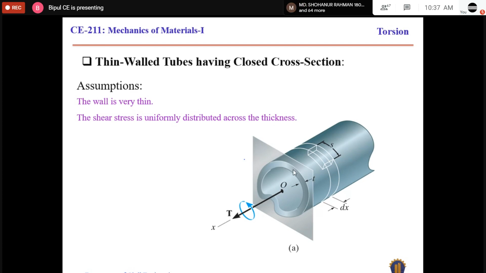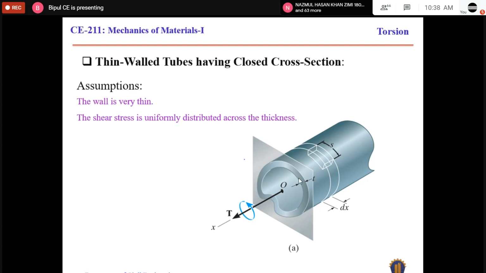So along the thickness of the structure, the stress will be varying. That means stress will be small at the inner surface and greater at the outer surface. But here, according to the assumption, the wall is very thin, so we can ignore the variation of the stress across the thickness.